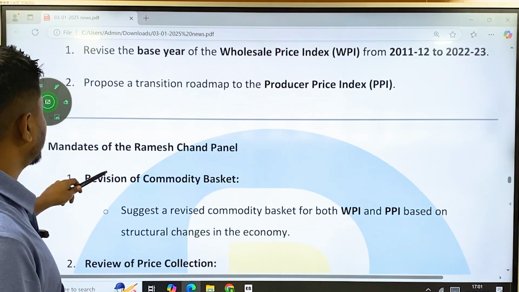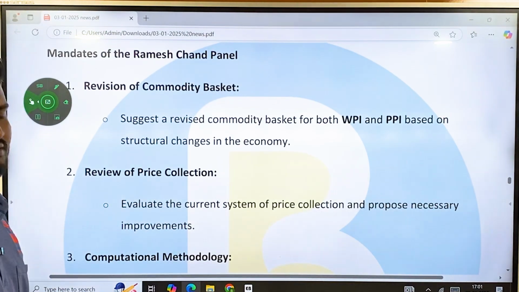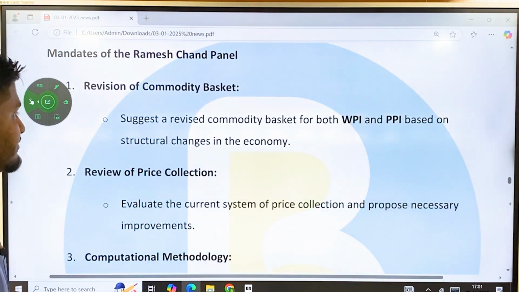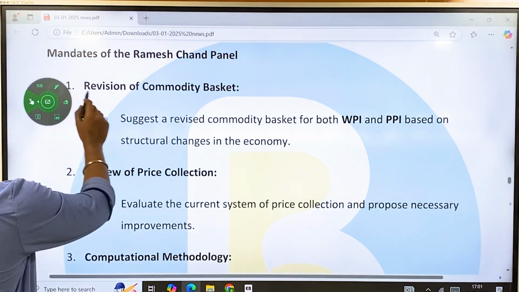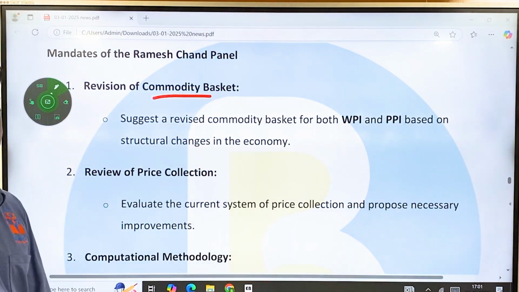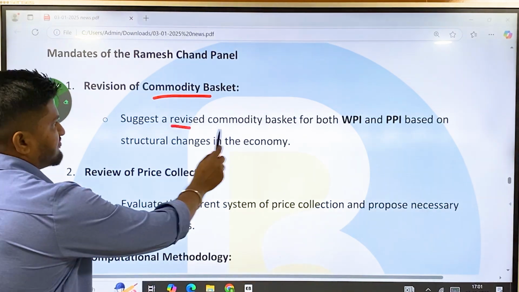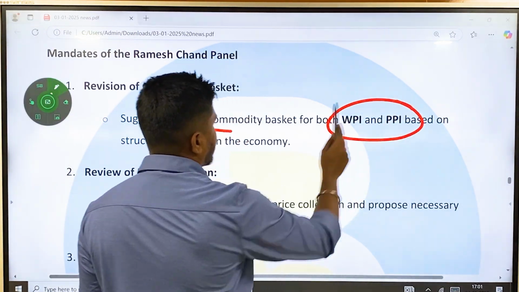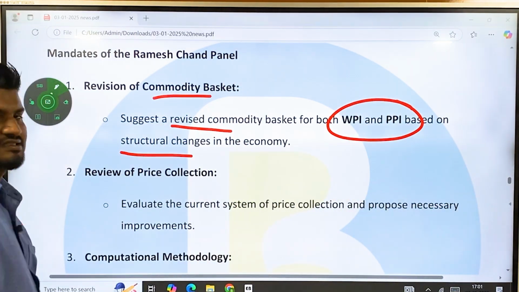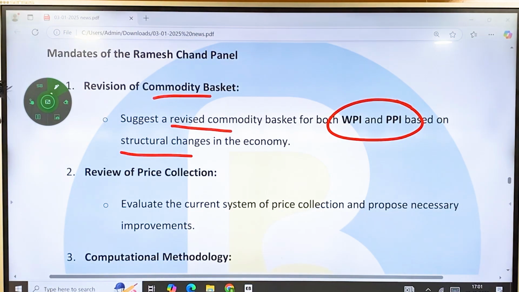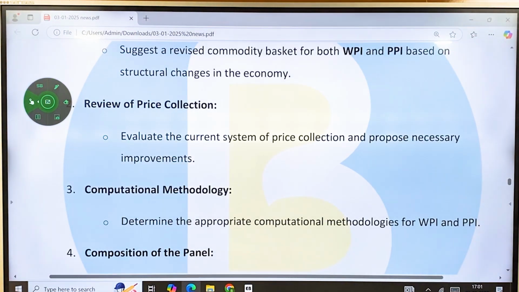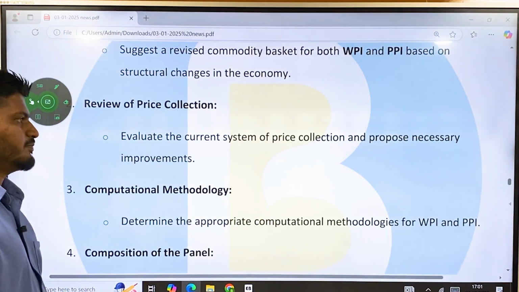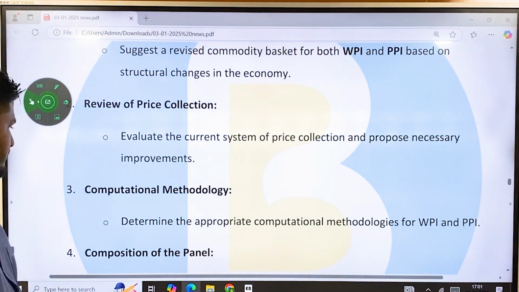So in this article, we will see the mandates of the Ramesh Chand panel. First, revision of commodity baskets: suggest revised commodity baskets for both WPI and PPI based on the structural changes in the economy. Second, review of price collection: evaluate the current system of price collection and propose necessary improvements.